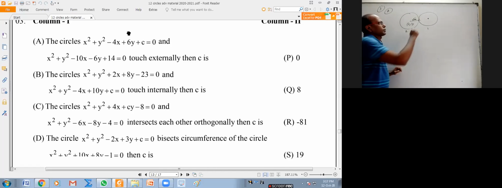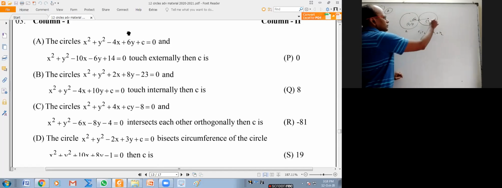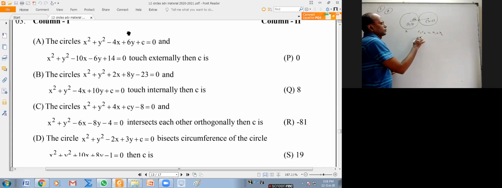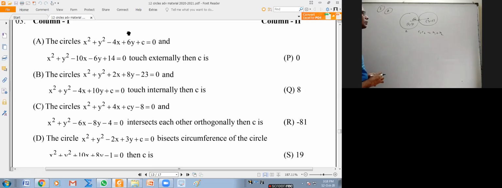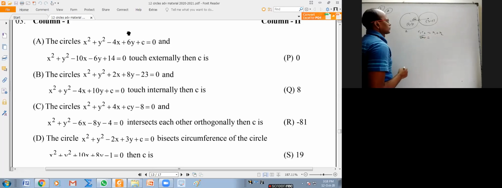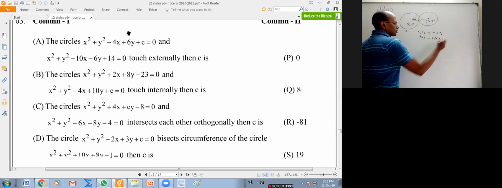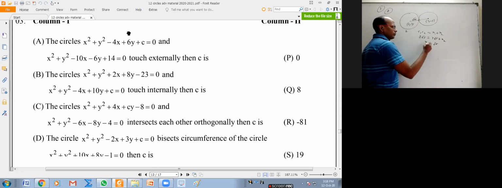The center of the other one is 2, minus 3. So when you find C1C2 equal to R1 plus R2, C1C2 is already known, 3 plus 6, root 45, 3 root 5 basically. R1 is 2 root 5. So what should R2 be? R2 should be root 5.